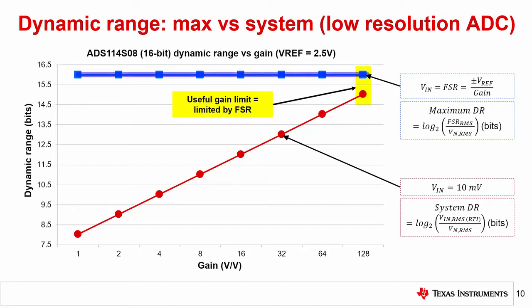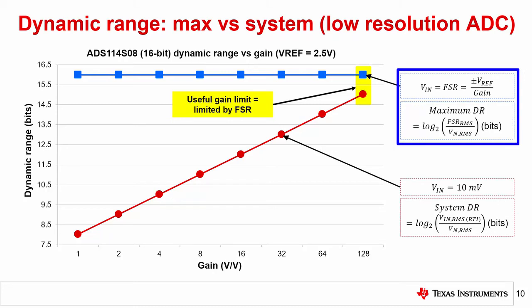The blue line shown here plots the dynamic range values for the 16-bit ADS114S08 shown in the previous slide. This line represents the maximum achievable dynamic range at the given conditions using the maximum input signal of plus or minus Vref divided by the gain, where Vref is 2.5 volts. As the table revealed, this is just a constant value of 16 bits since the noise is not limited by the PGA in this case.